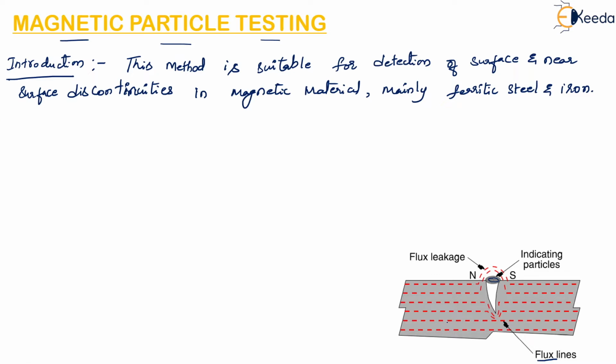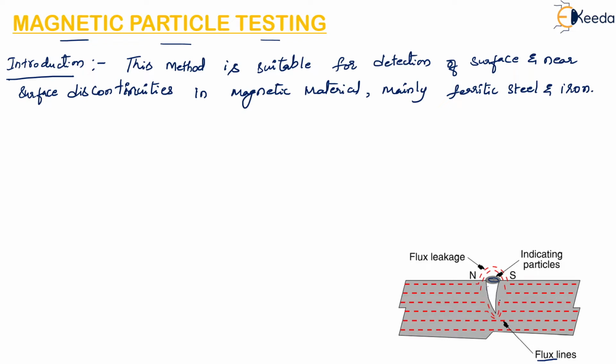So here the flux lines will be produced and the flux lines will run along the surface at right angle to the suspected defect. So if there is a defect in the component or on the surface or below the surface, these flux lines will run perpendicular to the defect.